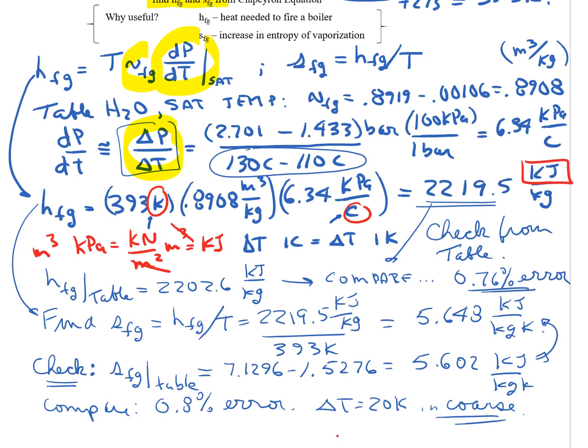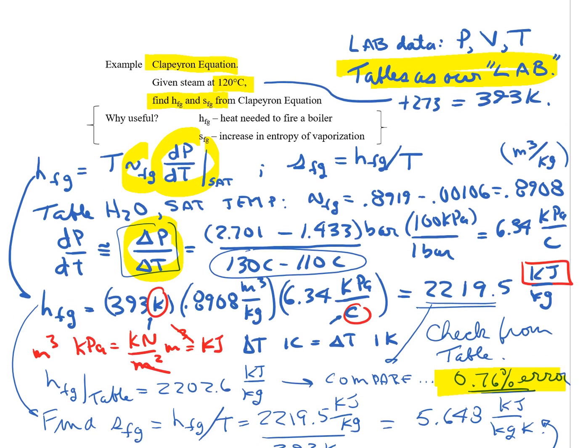And the values came out within 1% for HFG and SFG. And if you remember that we can use pressure, volume, and temperature data to get vaporization information using Clapeyron, then all will be well.